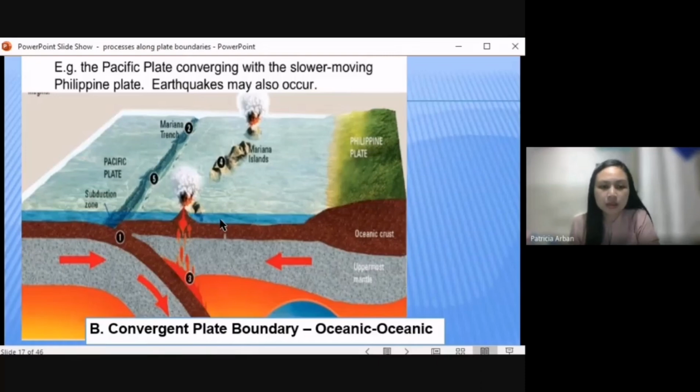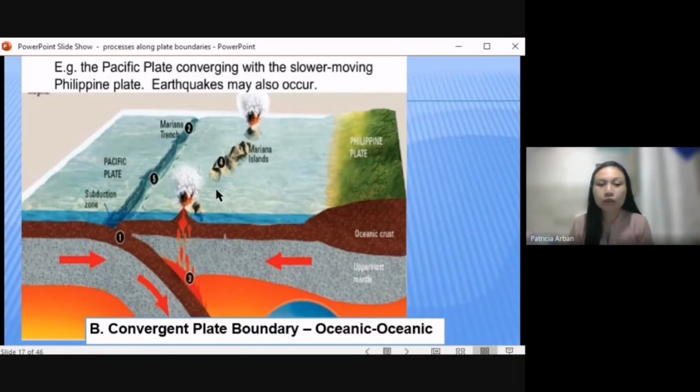But ano yung sa tingin n'yo yung naiiba? Okay, kanina, we have volcanic arc, but now, wala tayong volcanic arc dito. Okay, may mapapansin kayong volcano, pero hindi volcanic arc ang tawag dyan, since itong mga volcano ay magkakahanay at napapalibutan siya ng tubig. That is why, hindi volcanic arc ang tawag.